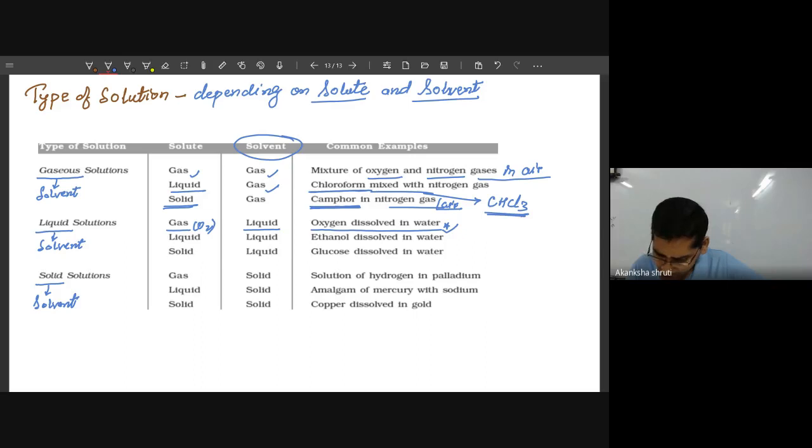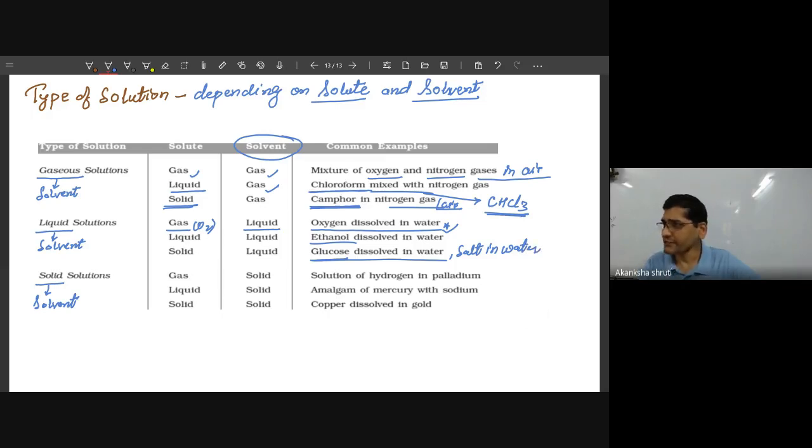So ethanol dissolved in water is liquid in liquid. Some solids also dissolve in liquid. What is the example that we have already learned? Sugar in water. Sugar is what? The glucose, here it is written. Or salt in water.